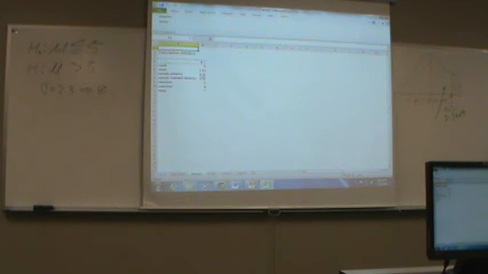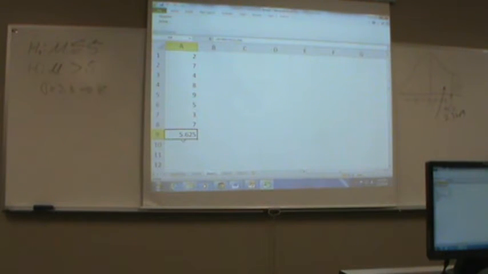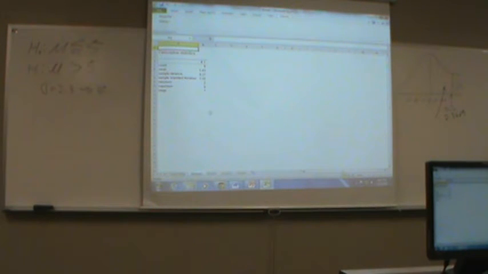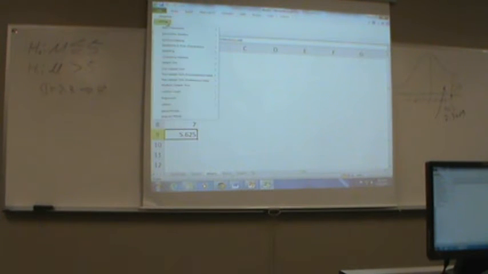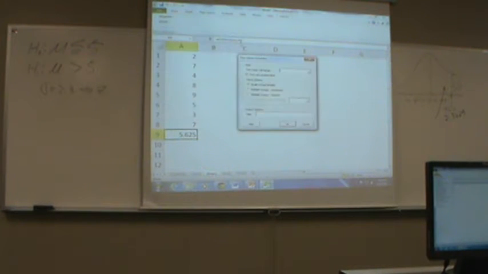Sample mean is 5.63, close enough. Round up to 5.63. Or you can use PHStat and then descriptive statistics, descriptive summary, then input range.